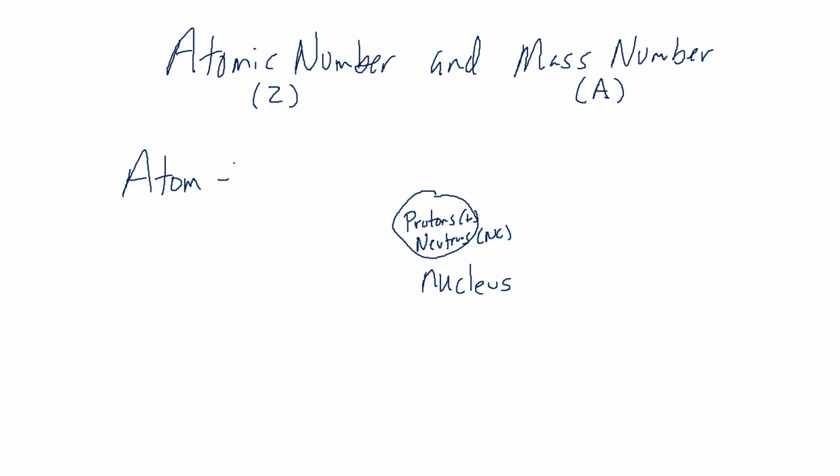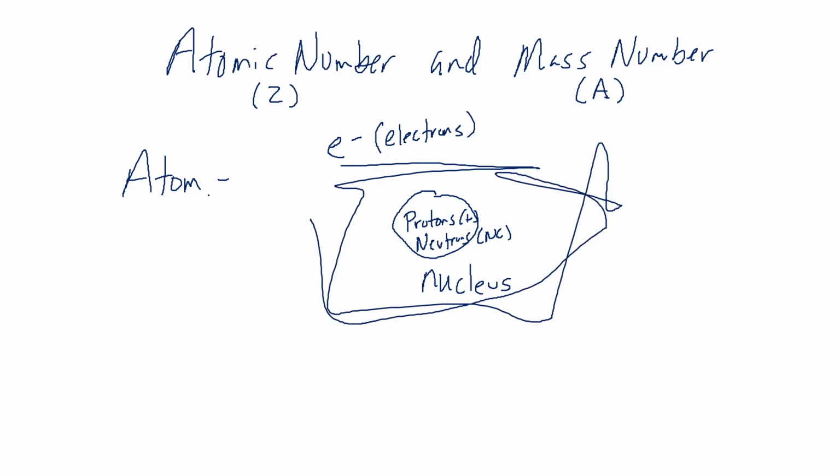And out from the nucleus at some distance, in that kind of empty space, are our electrons, which are flying around pretty randomly. Electrons are negatively charged. So really all atoms are composed of those three subatomic particles: protons, which are positively charged, neutrons, which have no charge, and electrons, which are negatively charged.